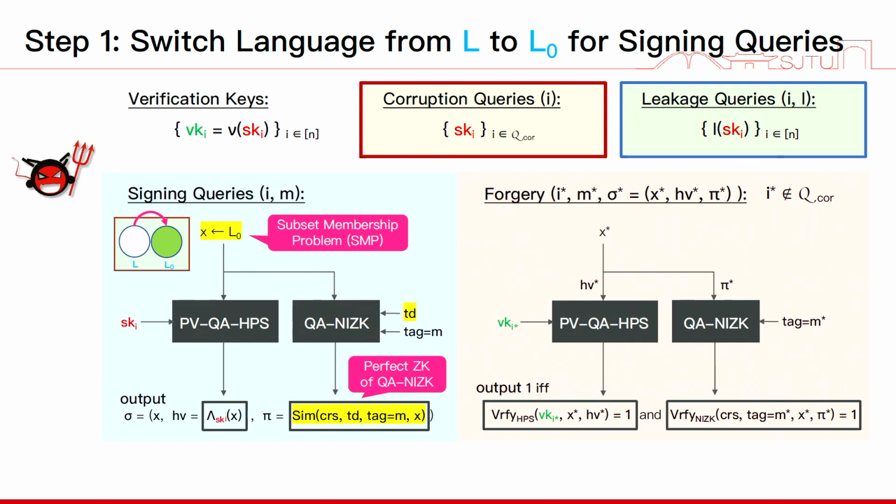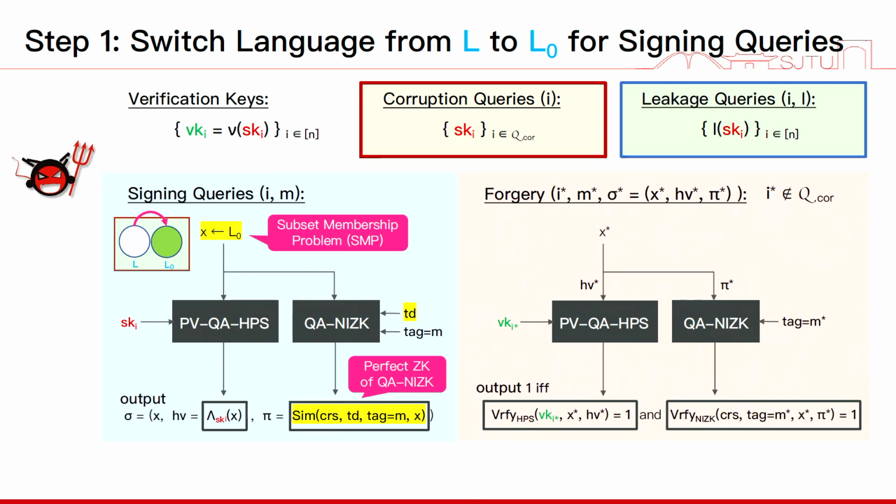Our proof goes with two main steps. In the first step, we will change the way we answer the signing queries. For signing queries, we will generate the pi using the simulator, which is identically distributed by the perfect zero knowledge of the quasi-adaptive NISIC.